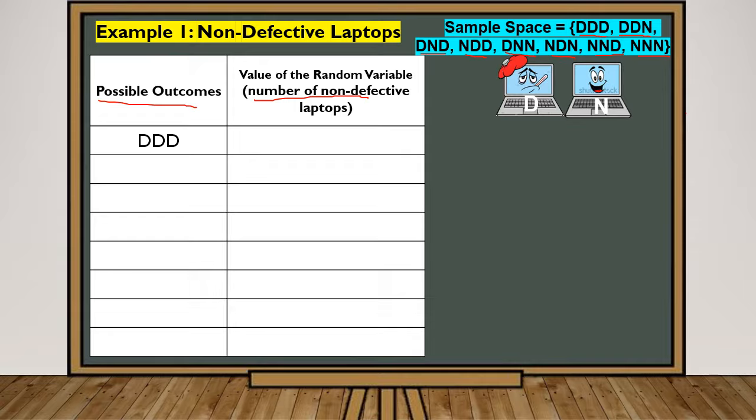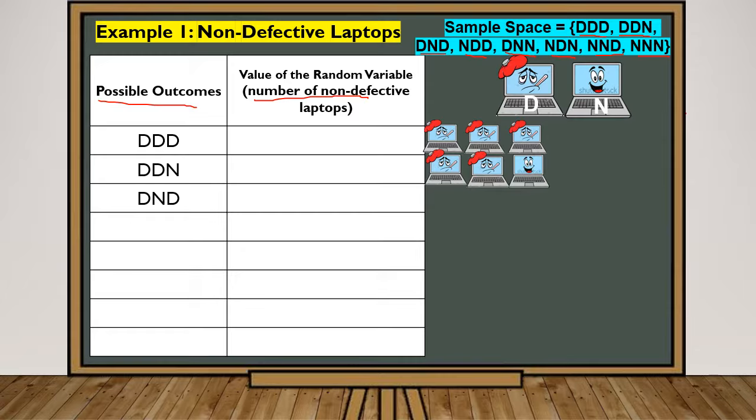If our random variable is the number of non-defective, then what is the value of DDD? Of course, since there is no non-defective laptop, all are defectives, meaning, or before that, we have to list down first the possible outcomes. First, we have the DDN.